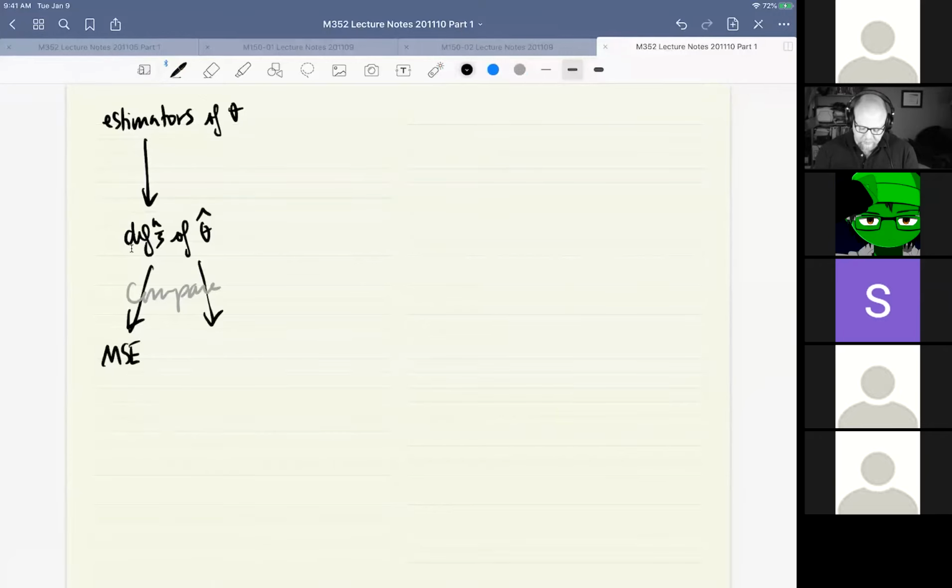So you can compute the mean squared error of one estimator and compare it with the mean squared error of another estimator, to decide which one's better. Okay, so that's one thing the textbook has been talking about.